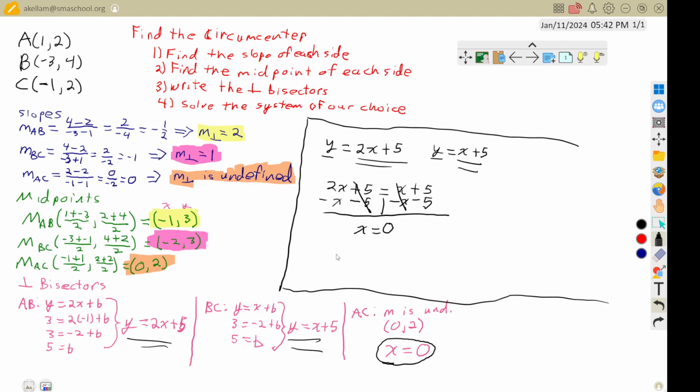Now to figure out what our y is, we're going to substitute this back into either of these equations. It doesn't matter which one. So I'm going to do 2 times 0 plus 5, and that tells me that y equals 5. So this tells me that my circumcenter is the point 0, 5.